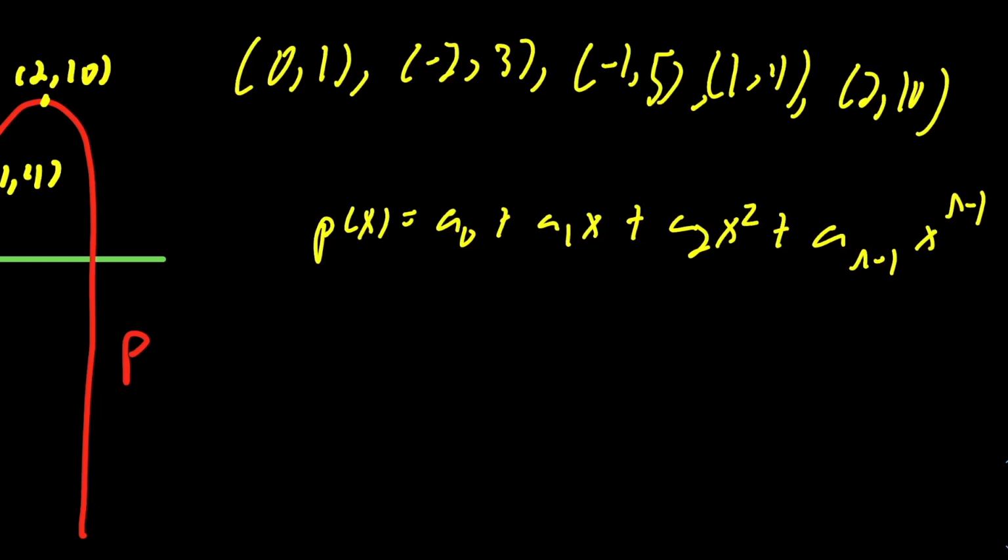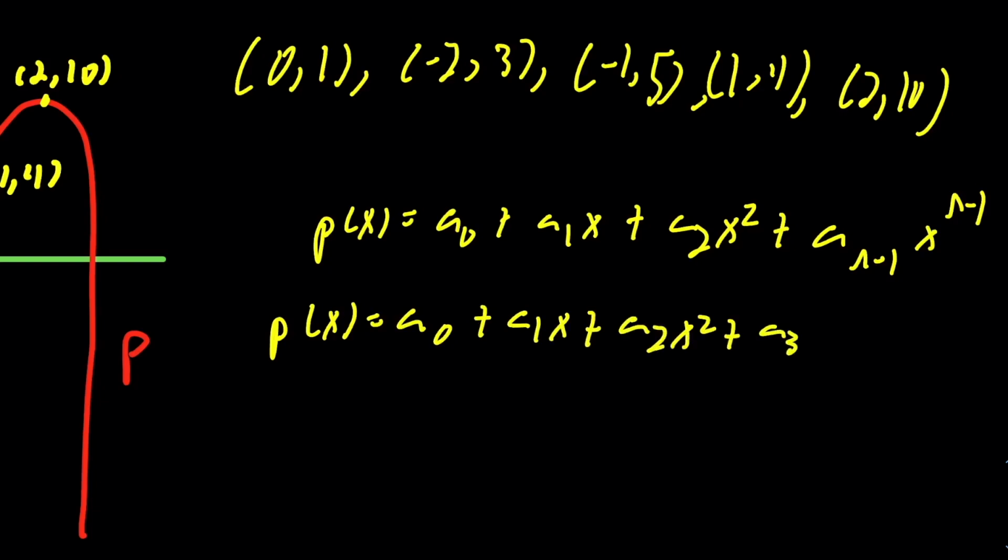So now that we got that out of the way, let's think about what that means exactly. It just means that our function is a sub naught plus a sub 1x plus a sub 2x squared plus a sub 3x cubed plus a sub 4x to the fourth.